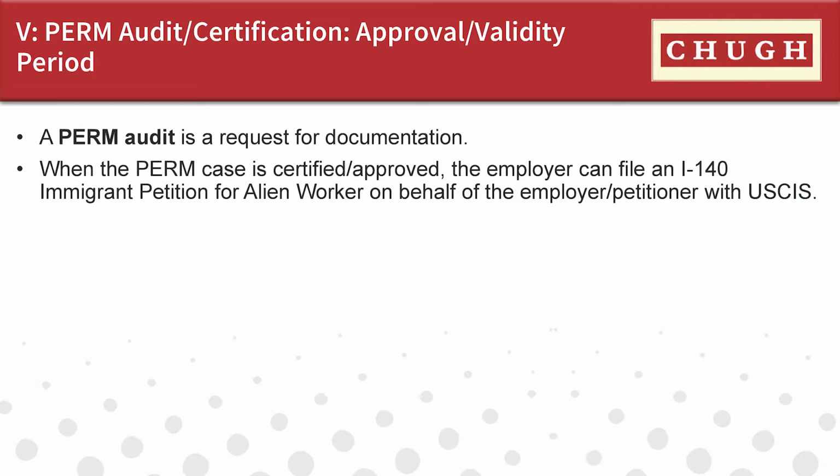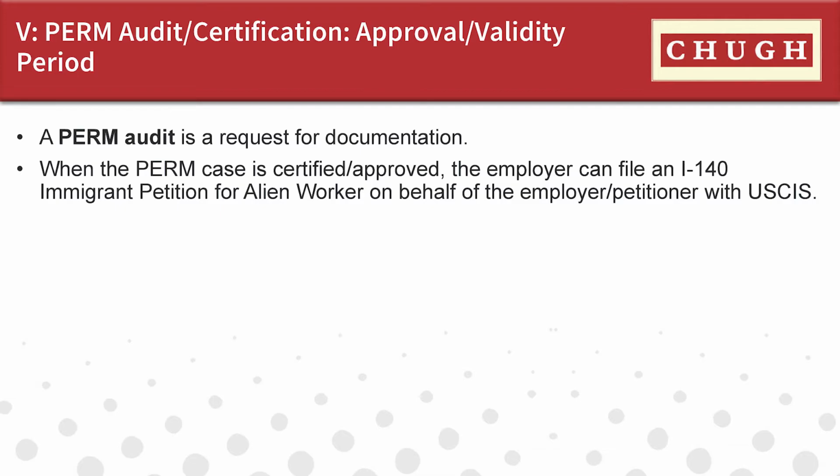After the employer responds to the audit request, the DOL will review the new evidence and either approve or deny the PERM. If the PERM case is certified, the employer can move on to the next big step of the process, which is filing an I-140 immigrant petition for alien worker on behalf of the employee beneficiary with U.S.